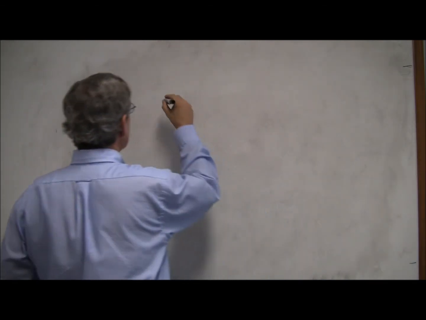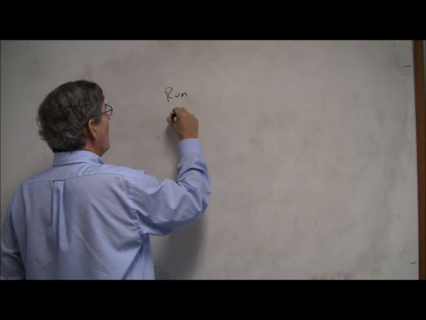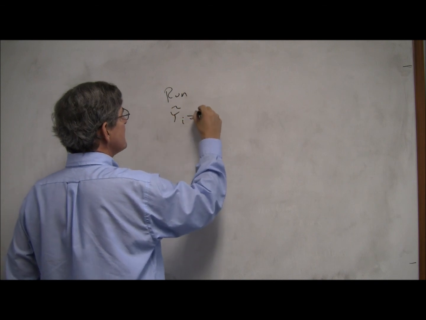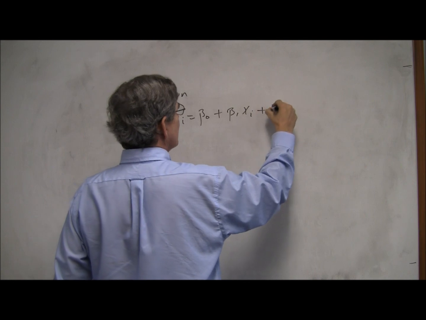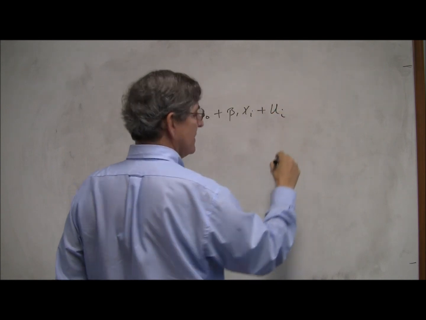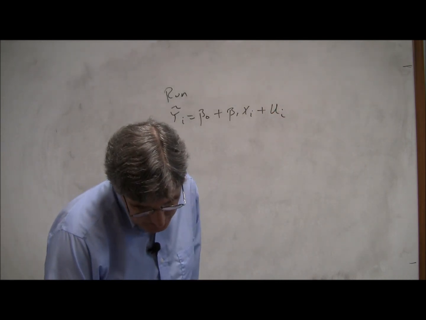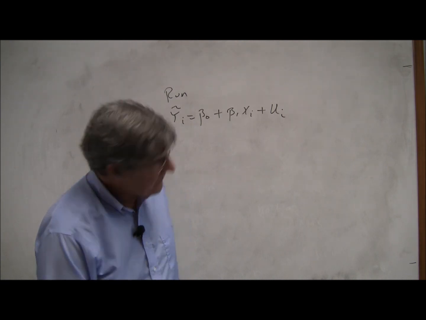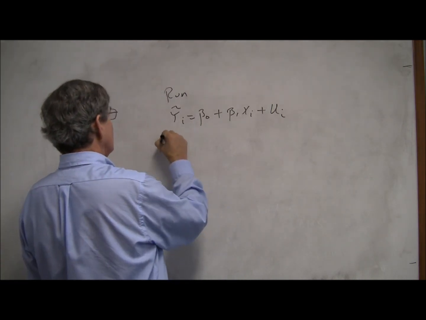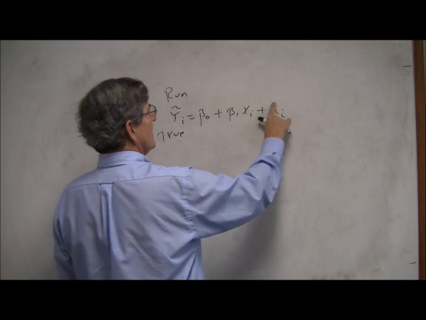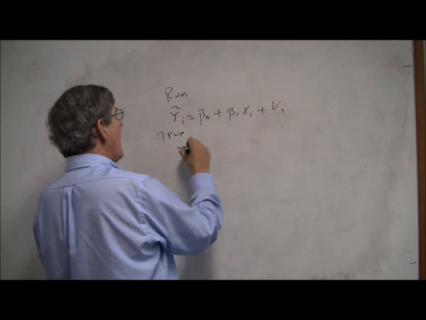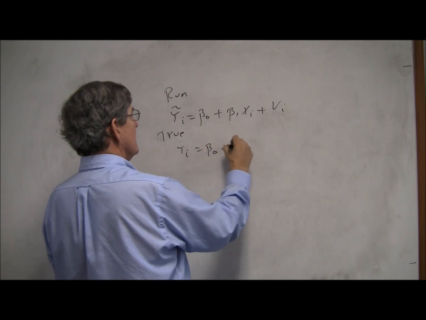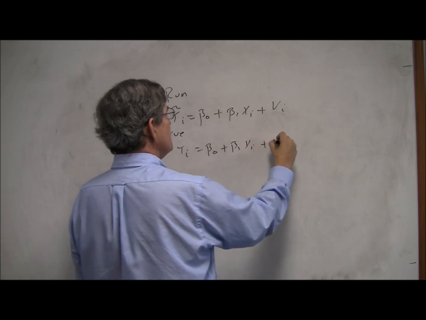So you're going to run y tilde i is beta 0 plus beta 1 xi plus vi. That's the model you're actually going to run, and the question is, what is vi? The true model is yi equals beta 0 plus beta 1 xi plus ui.